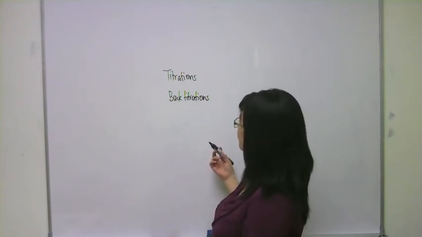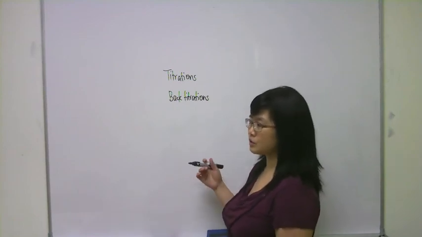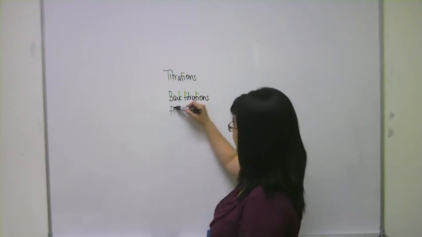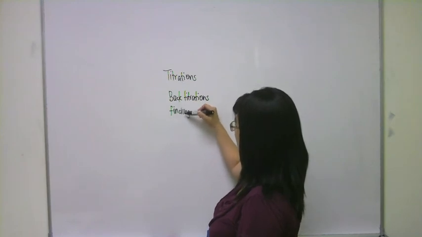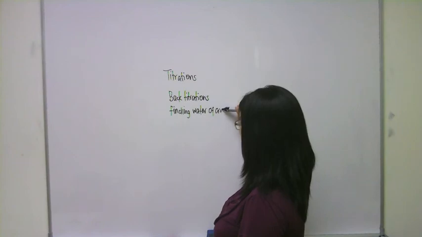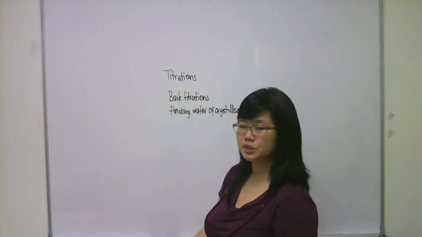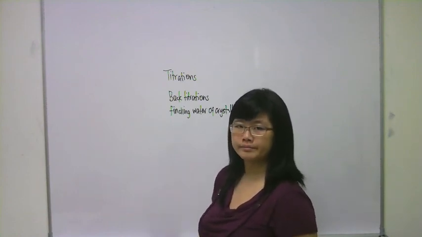And one of the other calculations that is probably going to confuse your students is finding water of crystallization. So you can look through the notes and we'll go through the questions with you in another video.